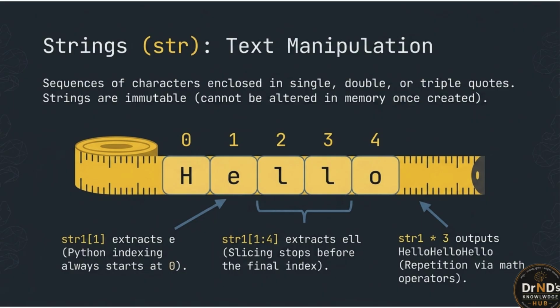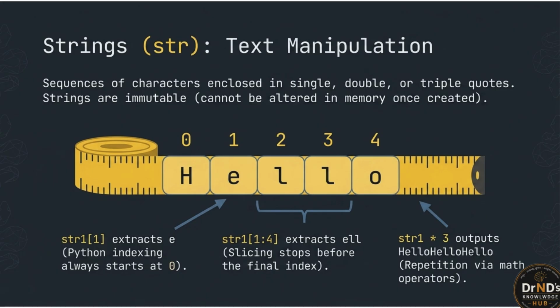Drug is equal to, inside quotation marks, paracetamol. Here, both values are considered strings because they contain text. Let's look at the example shown on the screen. The word hello is stored as a string.